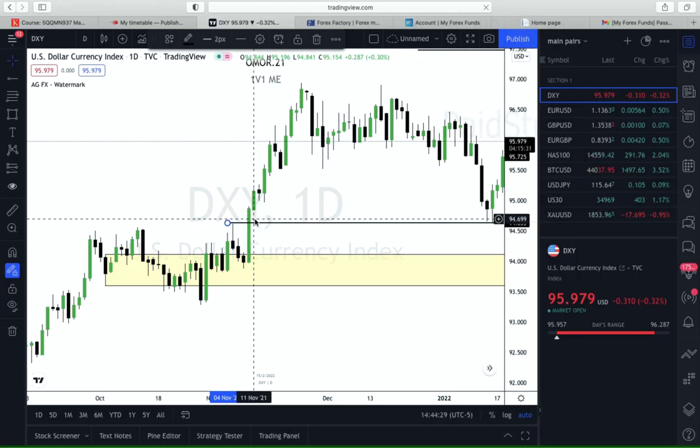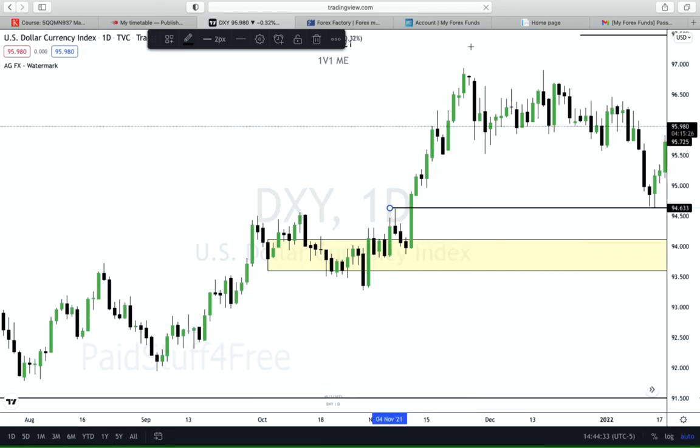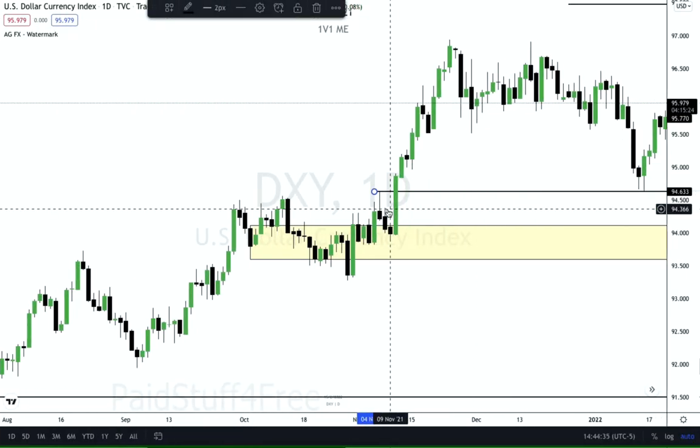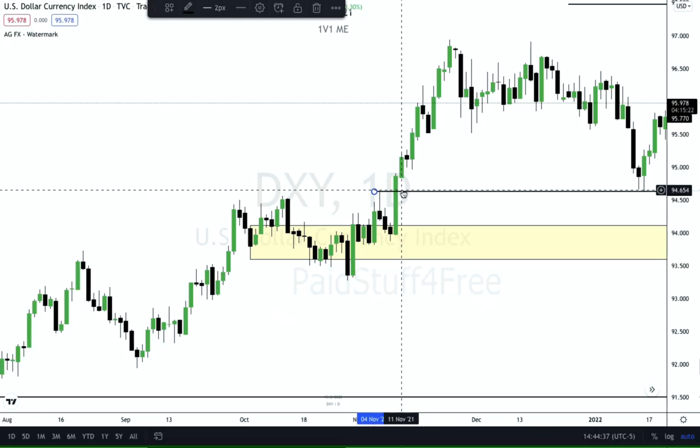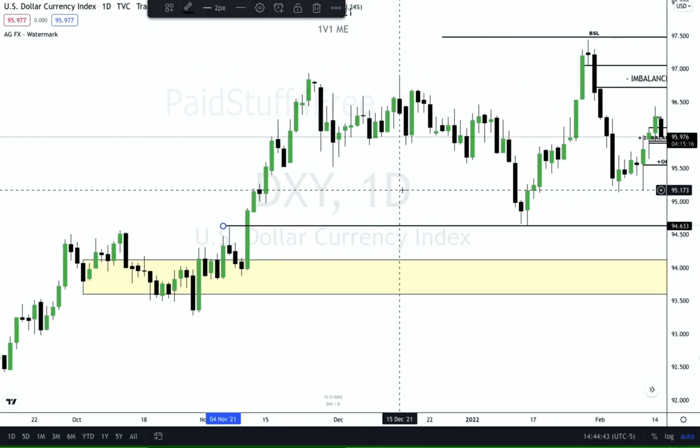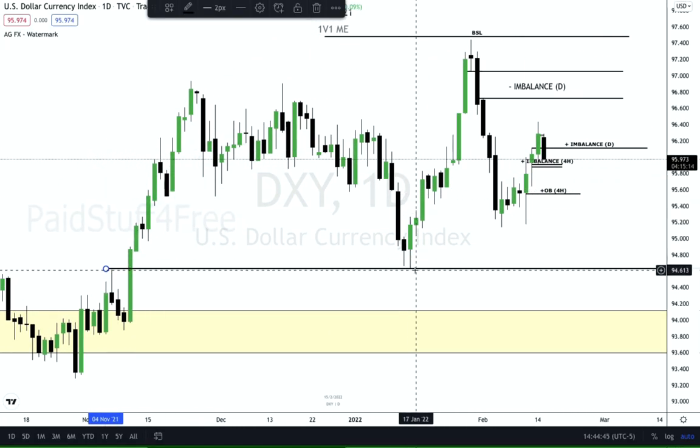The market needs to do what? It needs to balance it out with selling. So we need to sell into this price level because the algorithm has to rebalance inefficiencies. Right to the T. There's no randomness in this market.